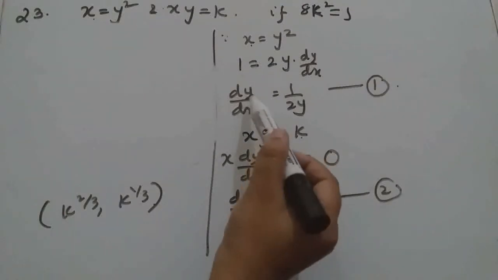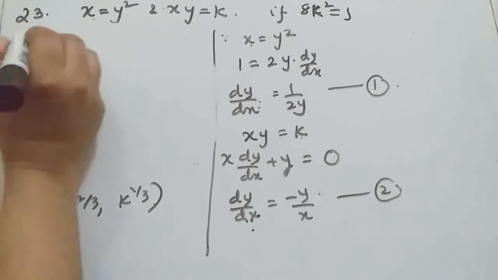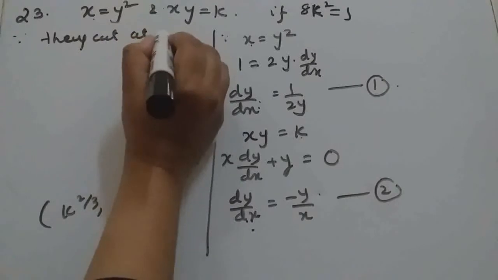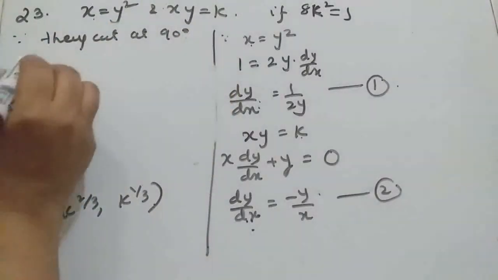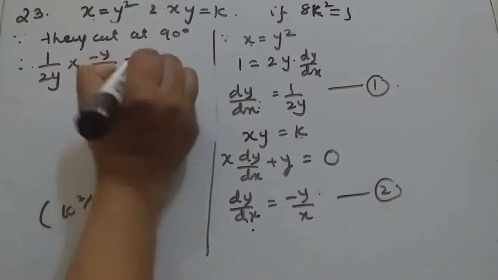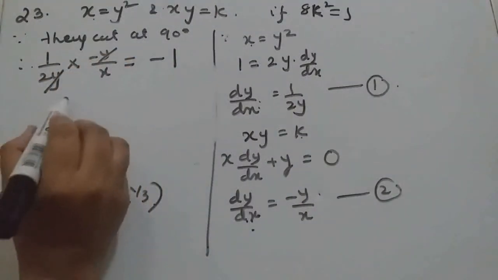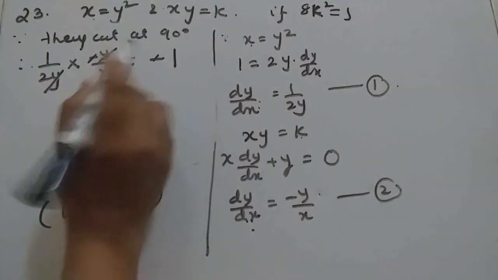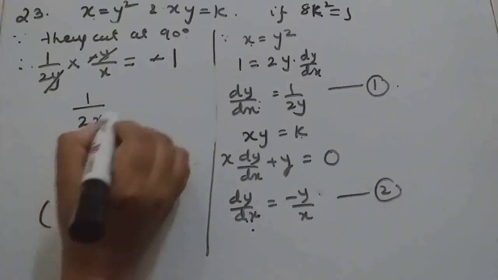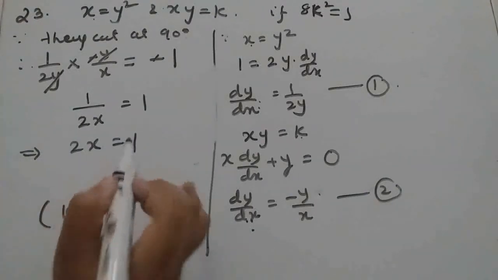So the product of their slopes should be minus 1, since they cut at 90 degrees. Therefore 1 by 2y into minus y by x should be equal to minus 1. So this y will go, minus also will go, 1 by 2x is equal to 1, that is 2x is equal to 1.